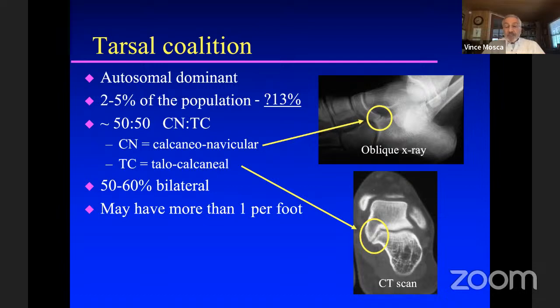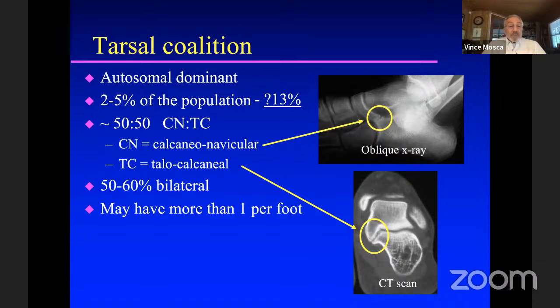That's a coalition that, if you know what you're looking for, you know that's a coalition on a CT scan. You do not need an MRI to say that that's a coalition. In my talk last week, I mentioned how CT scans are the advanced imaging when looking at and evaluating foot deformities, not MRI. That's a coalition. That's what they look like.